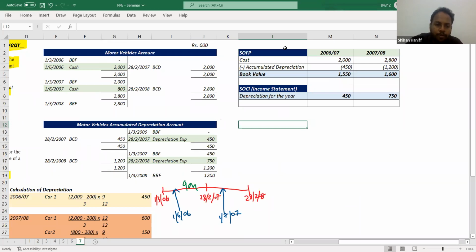I'll give 2 minutes for you all to complete this. After that, let me explain revaluation. Revaluation is also important, because in partnership and all, revaluation adjustment is like a compulsory adjustment.